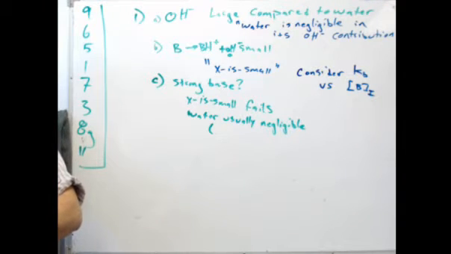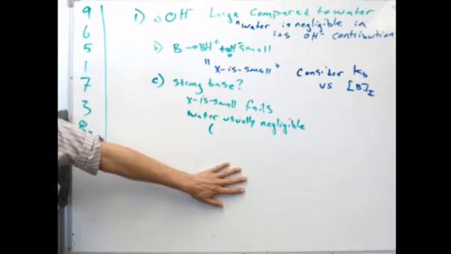At what point would water become significant again? When it matches the concentration of the hydroxide. Yeah. So what kind of base would that be? You all did this on homework 4 with acids, right?